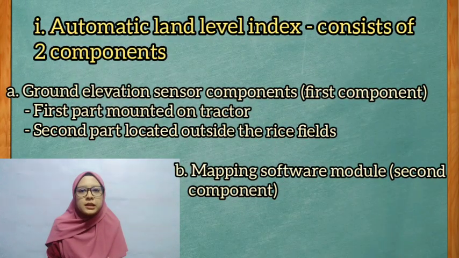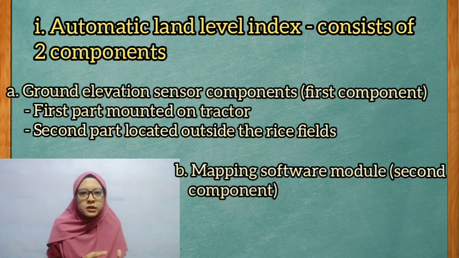The automatic land level index determination system consists of two components, which is the ground elevation sensor component and the mapping software module. The first component has two parts.